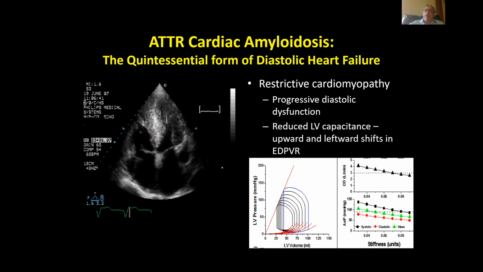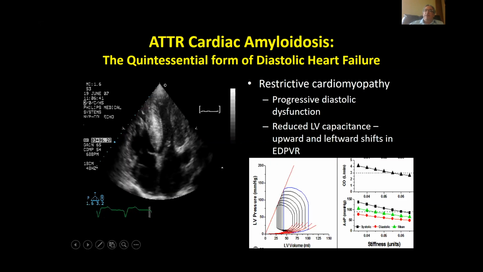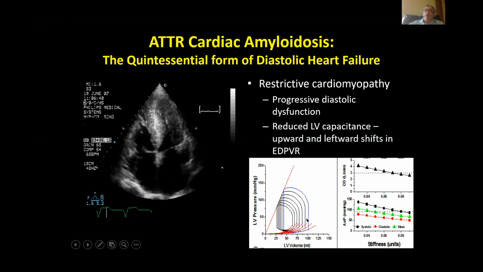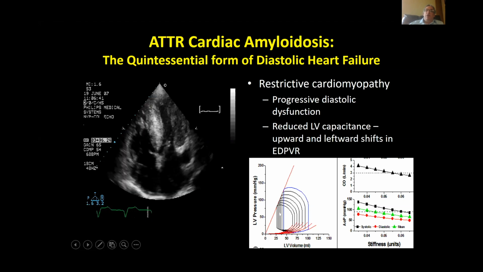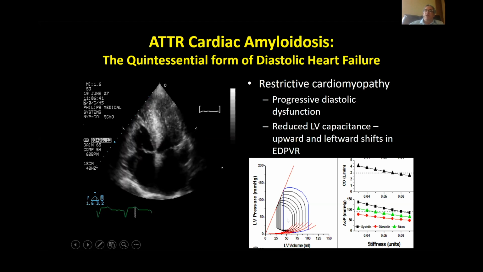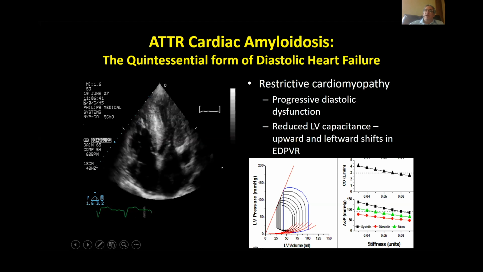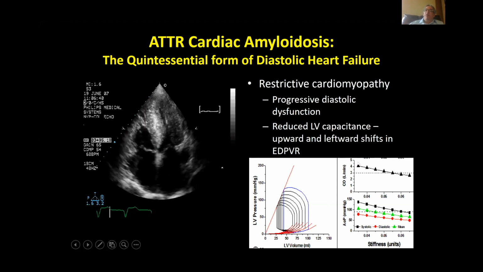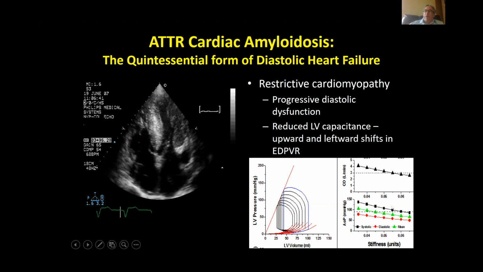And that results in upward shifts as shown here in the end diastolic pressure volume relationship. As a result, the end diastolic volume shown here declines, stroke volume declines, but ejection fraction remains preserved because that is the ratio of stroke volume over EDV. And with the decline in stroke volume, cardiac output goes down and so does blood pressure.